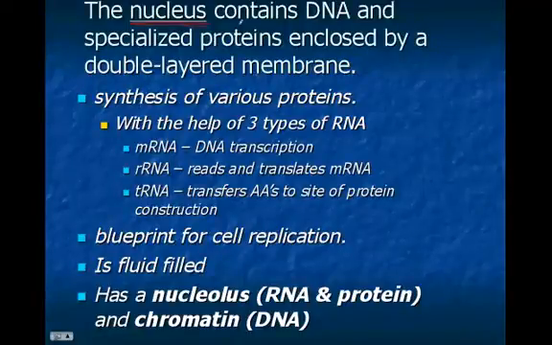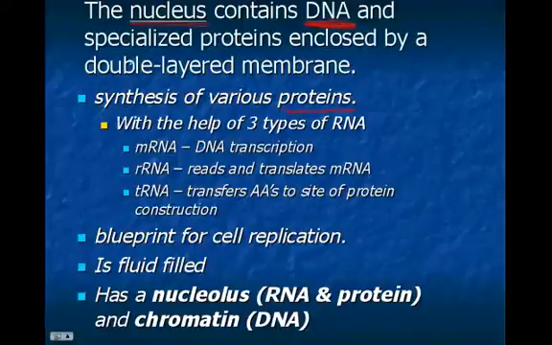So the nucleus contains the DNA that houses the instructions for making all of the things that the cell needs to make, especially all those proteins. So for example, if you're a pancreatic cell, the reason that you can produce insulin is because inside your nucleus you have DNA that holds the instructions for how to make that insulin protein.